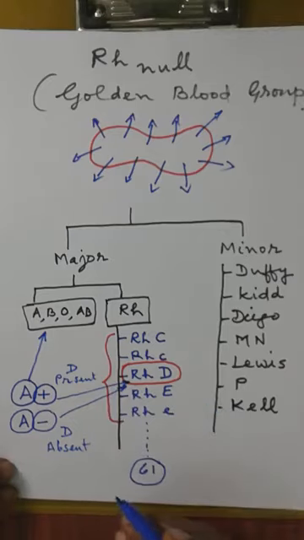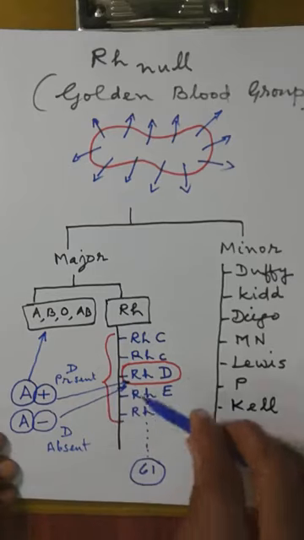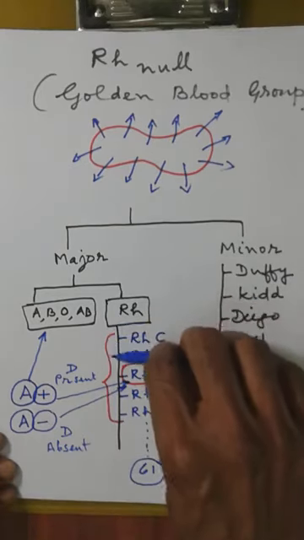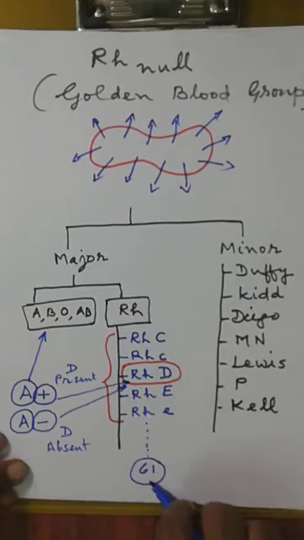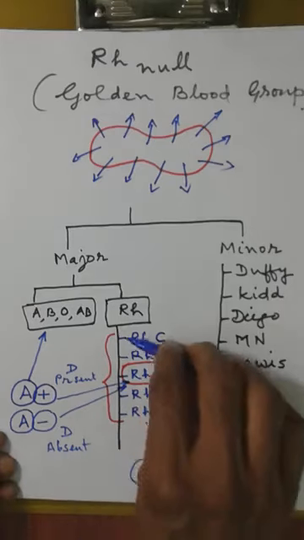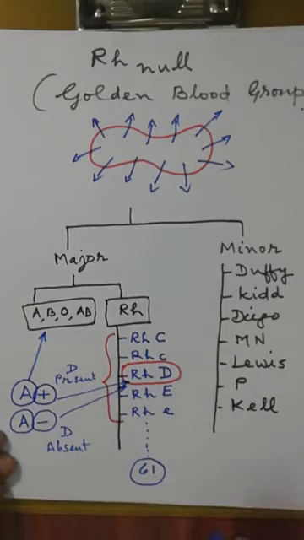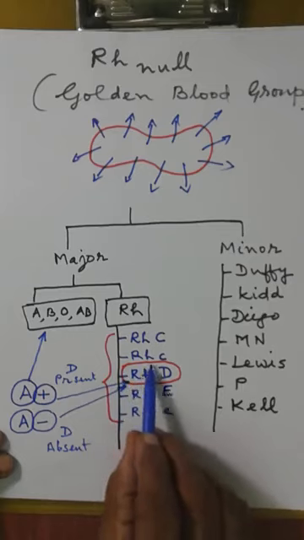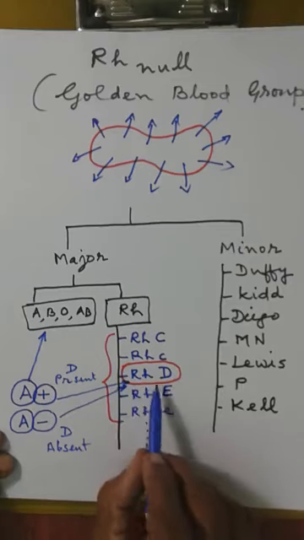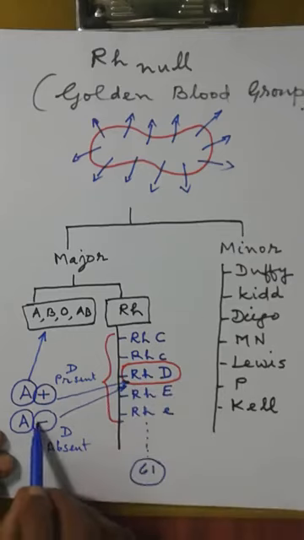But for RH null, what does it mean? All these RH factors, 61 factors, will not be available. Nothing, no RH. If RHD alone is not present, we will give a minus sign.